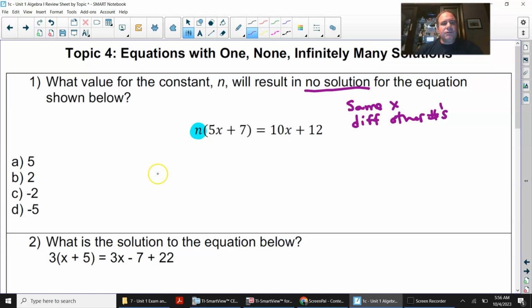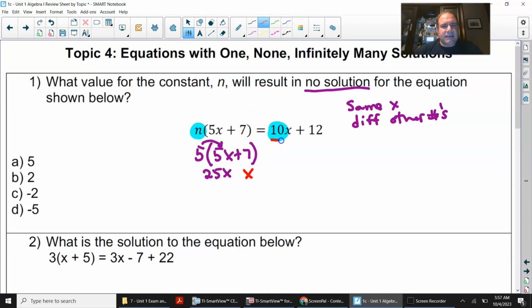All right. So we're going to look for something that has, if we're going to substitute in for this n, we want a 10x. So I'm going to put this 5 in. And I know that 5 times 5 is 25x. That's no good.